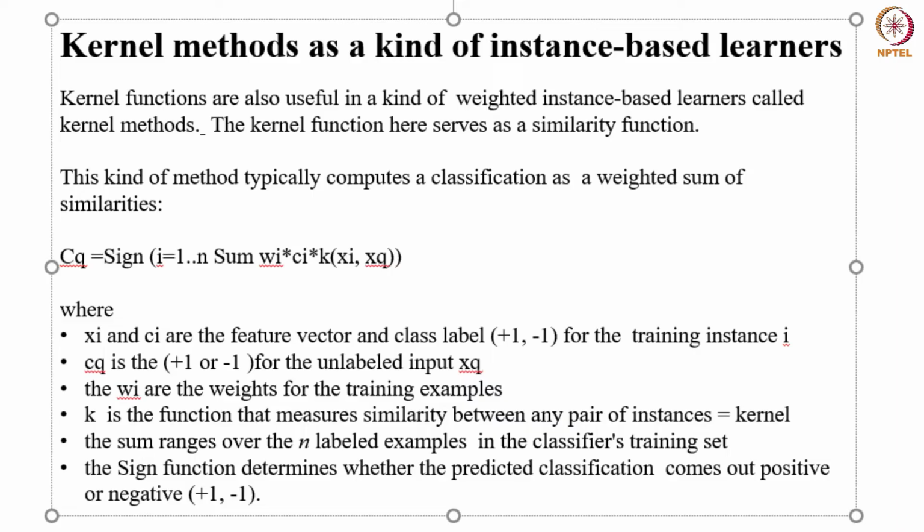So what we do is sum a number of terms, where each term is the weight of a certain instance, the classification of that instance, which is plus or minus 1, and this kernel function between the target instance and the selected training instance. Then we take the sign of that sum, and that sign becomes the class label of the target instance.